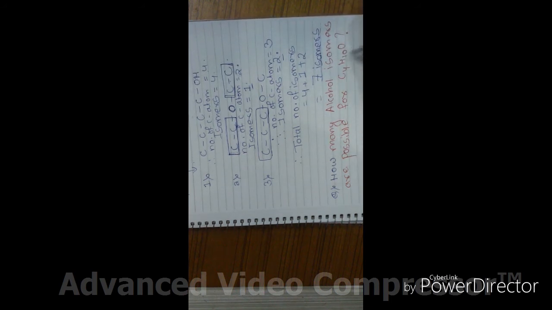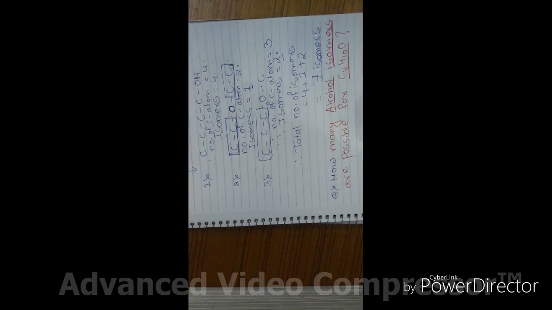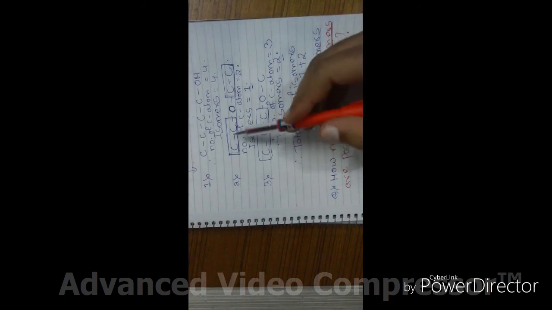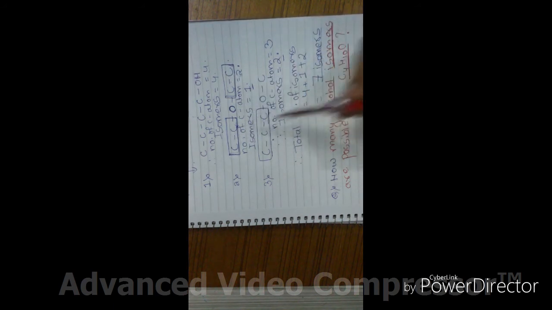In this question, the alcohol isomer specifically is asked. So you should not have to calculate the isomers in ether form. So this question is very easy.